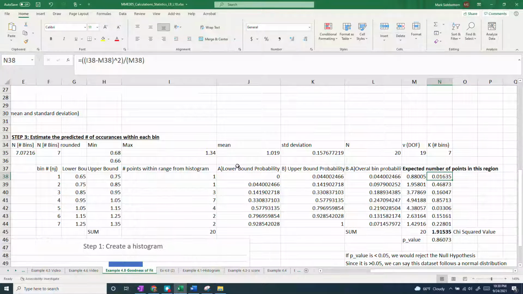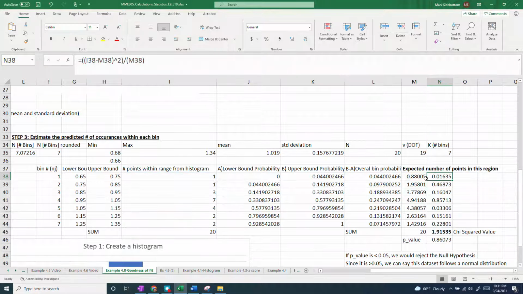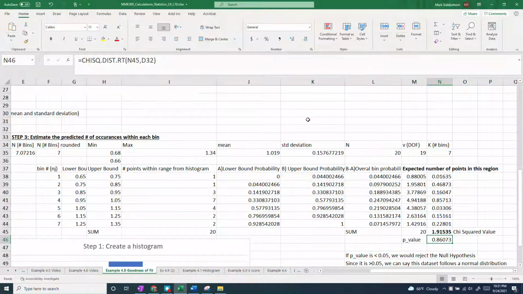We use the formula we talked about at the start of the video: we take the difference between the actual number of points in the histogram and the expected number of points, square it, and divide it by the expected number of points. We do that for each of the 7 bins of our histogram, and then take the sum of all of those values. From the chi-squared value, we can get our p-value.